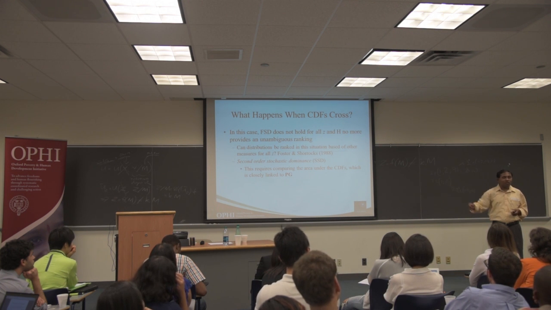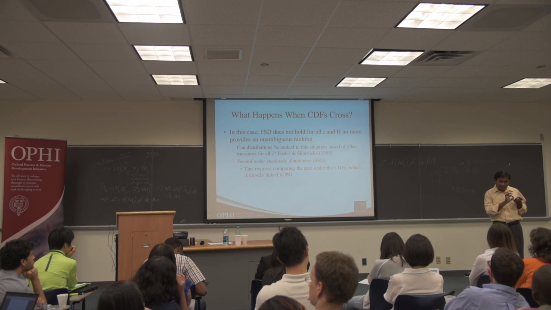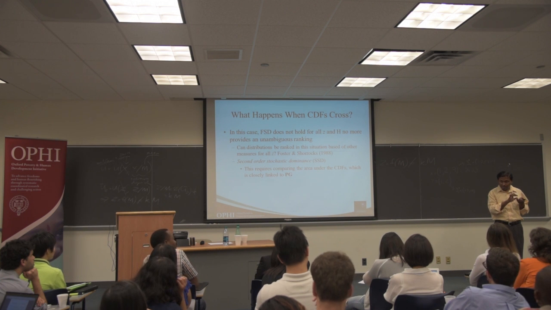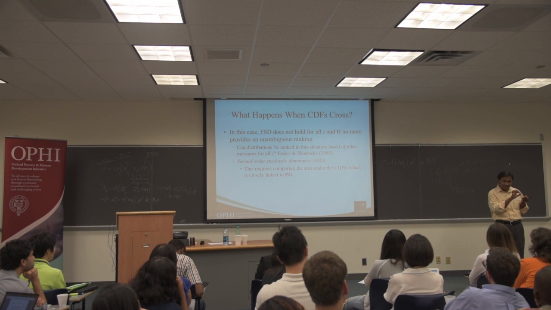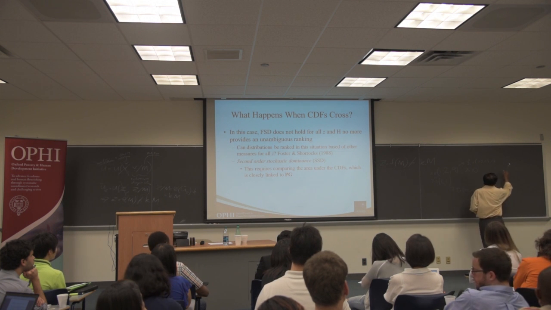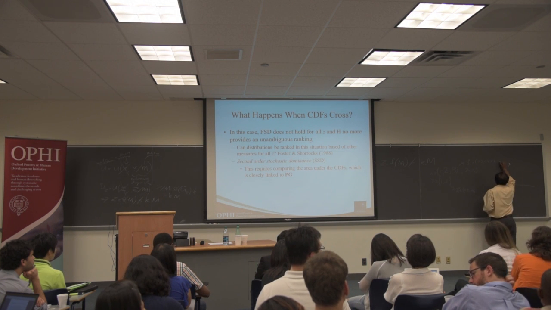What you do for every possible poverty line is compute the area below the CDF. Okay? So you take a CDF and for each poverty line, you compute the area to the left of the poverty line but underneath the CDF, the small triangle. So you have Fx here.